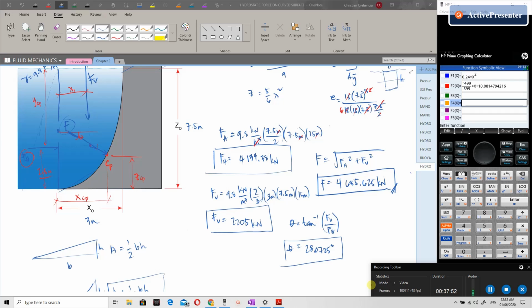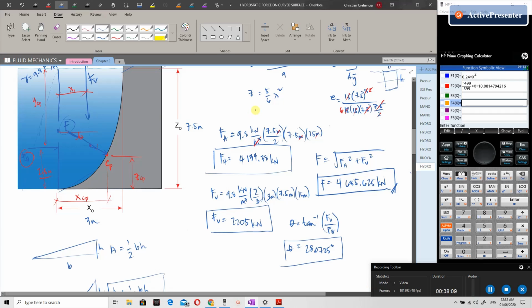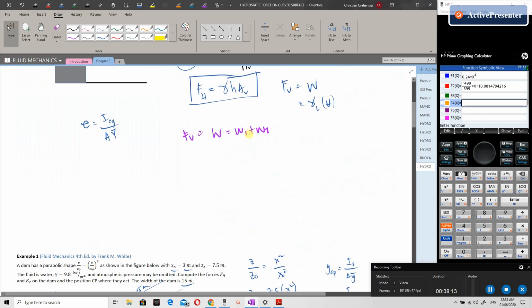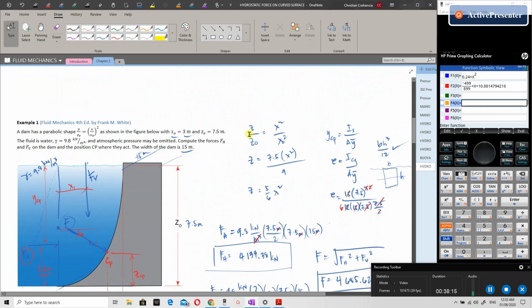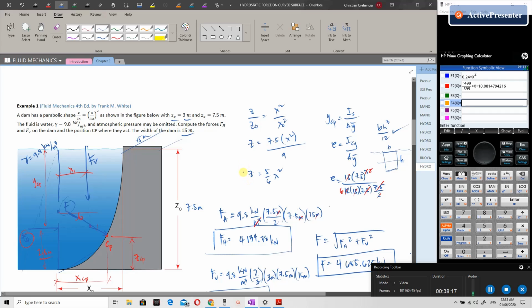So, we have two lines, no? So, first is yung line of action ng total hydrostatic force F. And etong parabolic gate natin. Okay, so we have the equation of etong parabola.